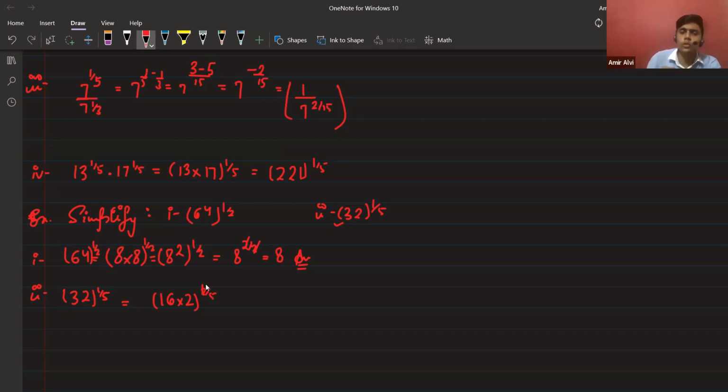You can directly write 2 to the power 5. Basically, this will become 2 to the power 5, to the power 1 by 5, yes or no? Yes. And now if you multiply the powers, what will you get? 2 is the answer. Yes. Is this clear?